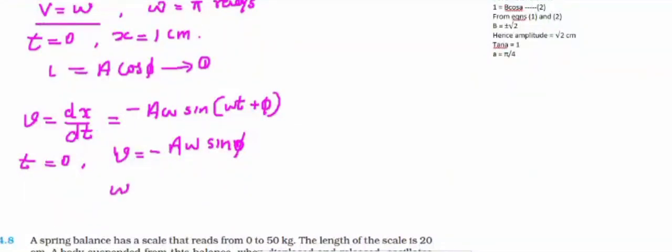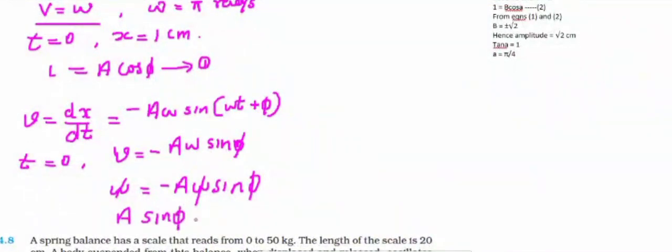Substitute there. So omega is equal to minus a omega sine phi. Now omega cancels. So you will get a sine phi is equal to minus 1. Take it as equation 2: a sine phi is equal to minus 1.